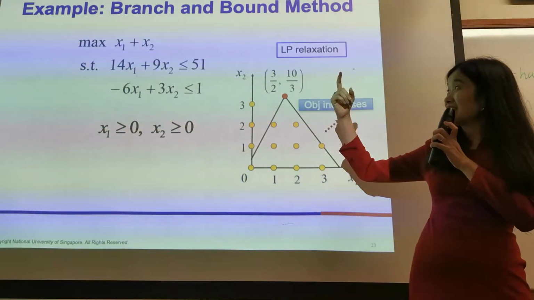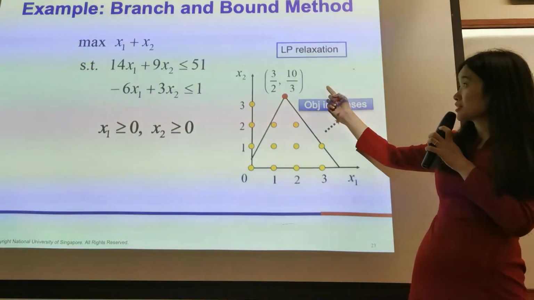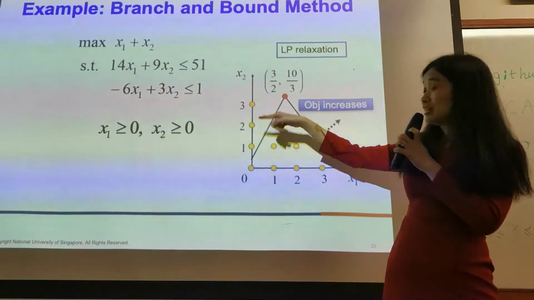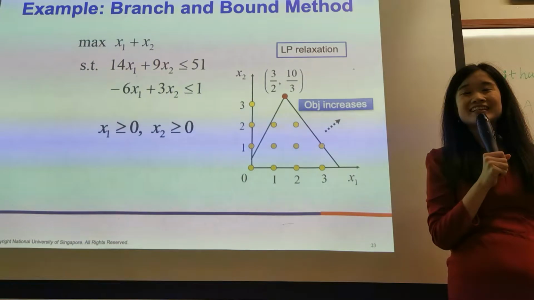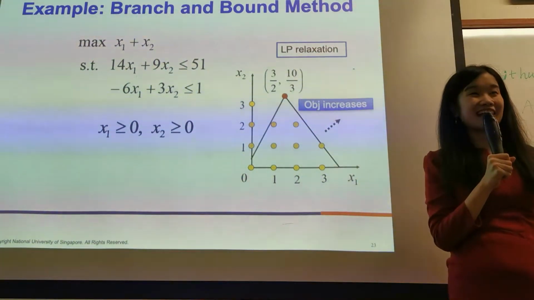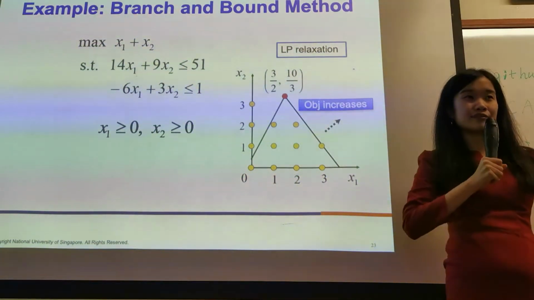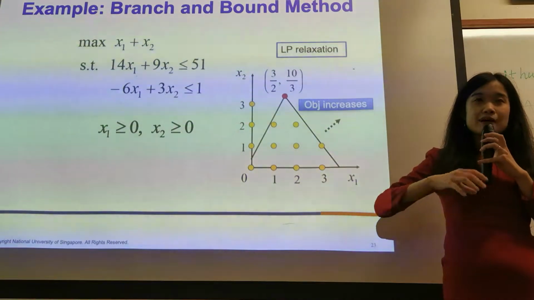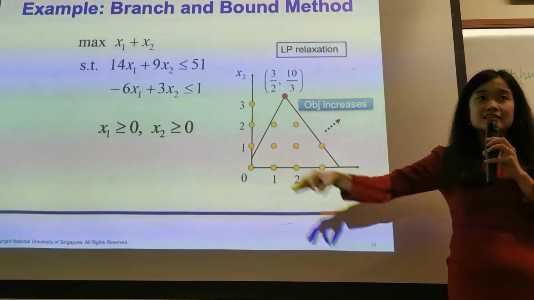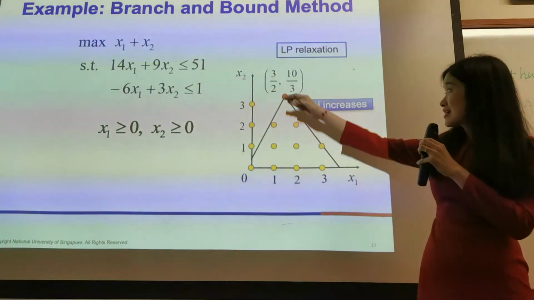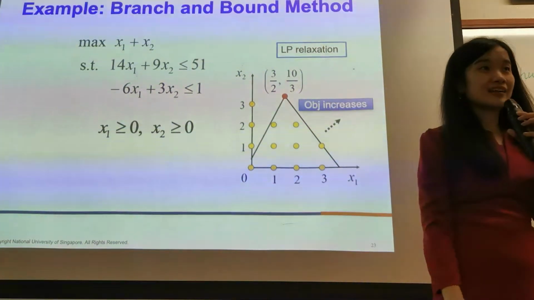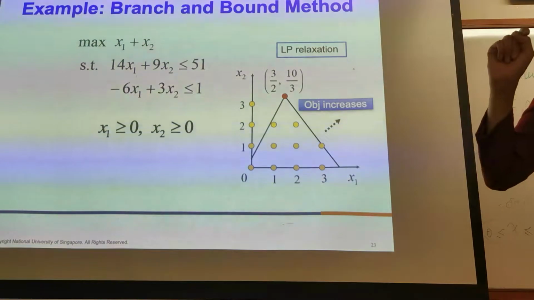So can you tell, this optimal solution x1 plus x2, is this an upper bound or a lower bound? Upper, right? Because it's relaxed. I want to maximize and then I further relax it. So this optimal solution has to be either equal to or smaller than this when adding the integer constraint. So this kind of gives me a peak already here. It's the first step, so the LP.